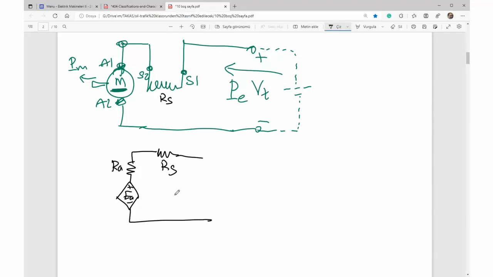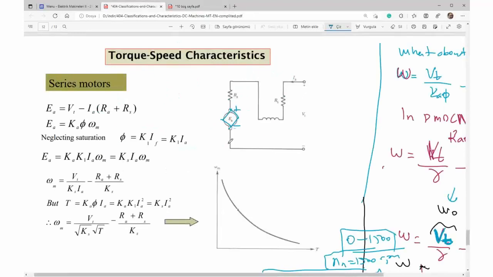Here is the terminal for the power supply. That is the load current entering the system. That is the field current passing through the field coil. That is the armature current entering the armature. All those are identical. Of course, there would be some extra resistances in the circuit for control purposes, but they are not given here.